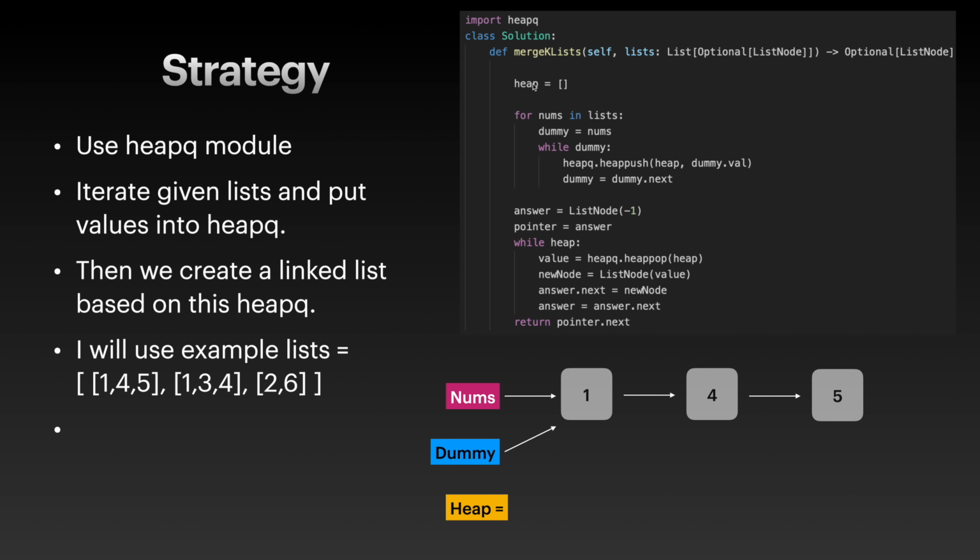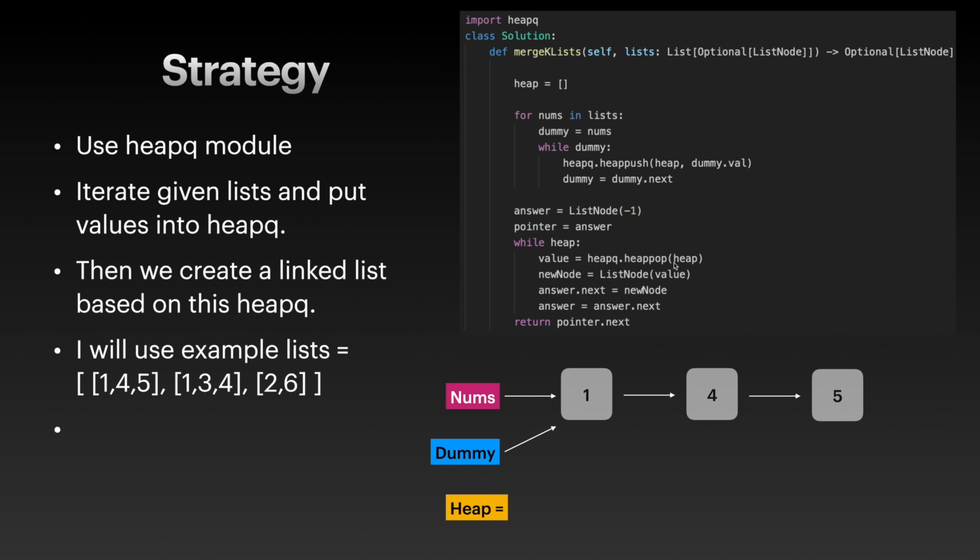So here we have an empty array, and then we will just put values in here. Python's heapq is a min heap, so when you apply heapq.heappop, it will pop the minimum value first.